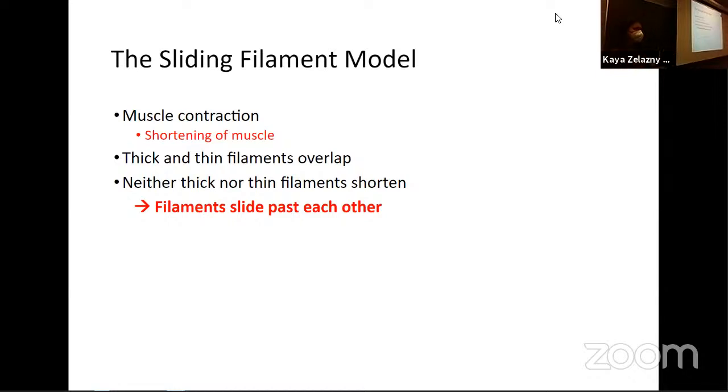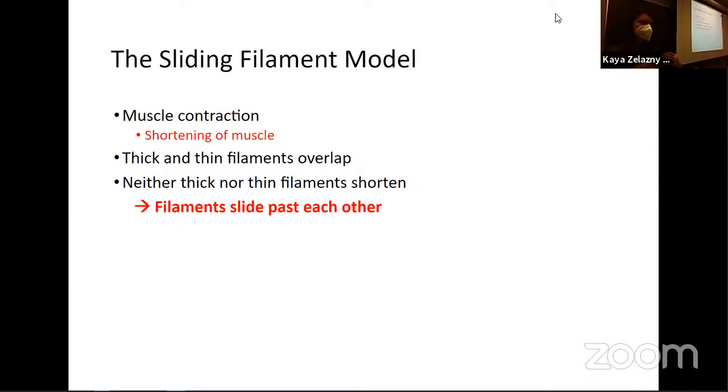Which is why we call this the sliding filament model, because our actin is the thin filament, the myosin is the thick filament. We're sliding them past each other, and as we create greater overlap between these two proteins, we're going to have a smaller overall sarcomere.